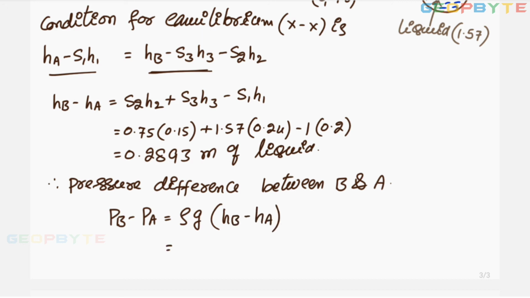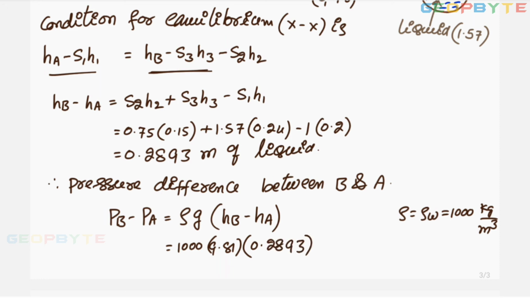Here rho, you have to take the density of the water only, that is 1000 kg per meter cube, that is standard value, 1000 into g 9.81 into HB minus HA, 0.2893. Simplify this value for getting 2838.033 Newton per meter square or Pascal.